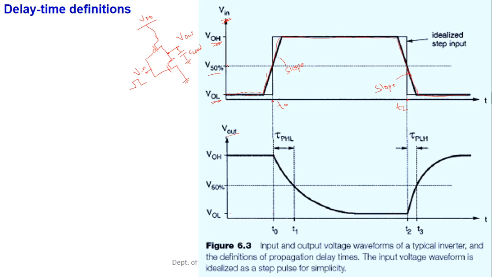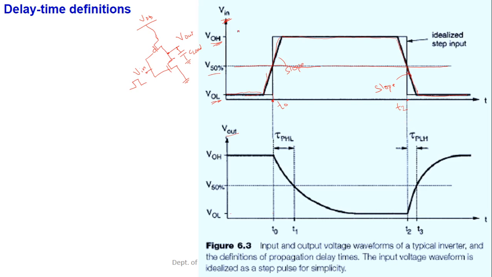Okay, and this is the level that is represented by this line. The point at which it intersects the voltage waveform, let's call this the t naught time instant, and when it falls, let's call this the t2 time instant.